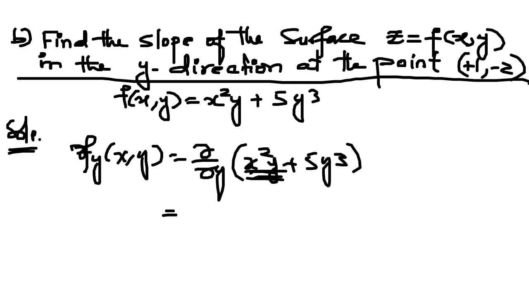See, x square y: x square is the constant, you can take the constant out. Only y is left. What is the derivative of y? 1. So no need to write.